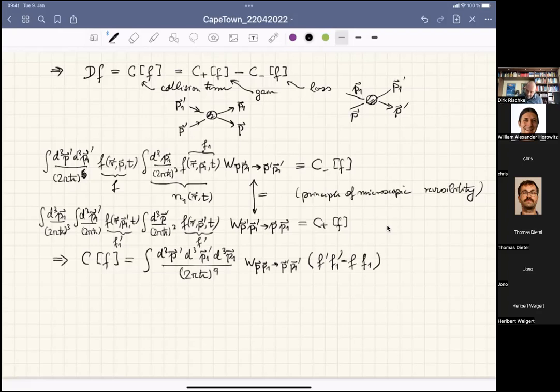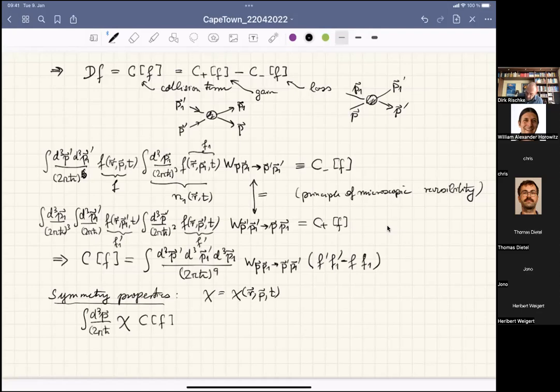And this collision term has interesting symmetry properties if we are allowed to integrate over the last momentum here, the P. What I will do is multiply this C with this function chi, which I introduced previously, some function which depends on r, p and t. Some particle property is chi, and then let me integrate over all momenta.